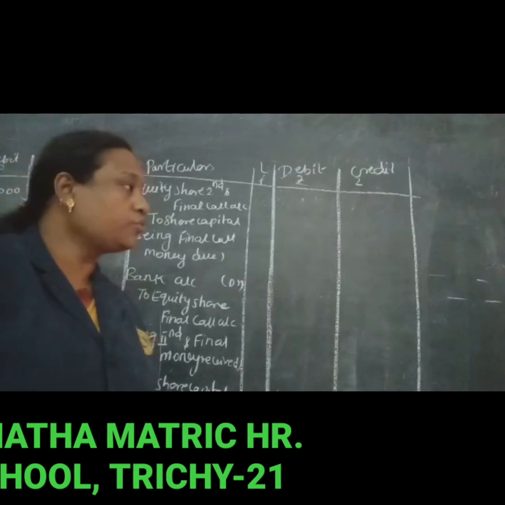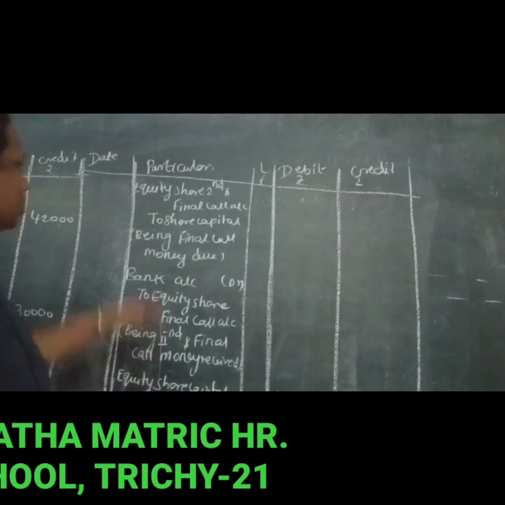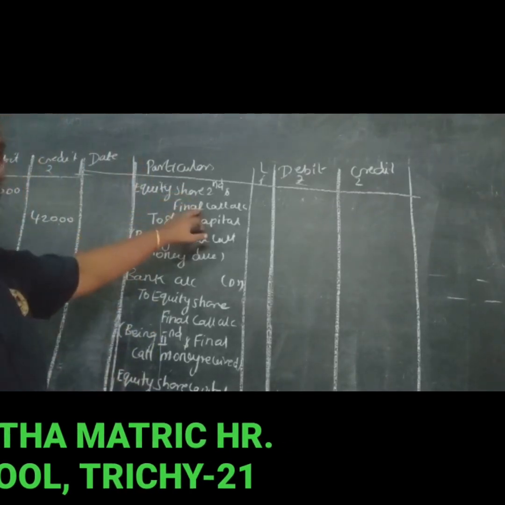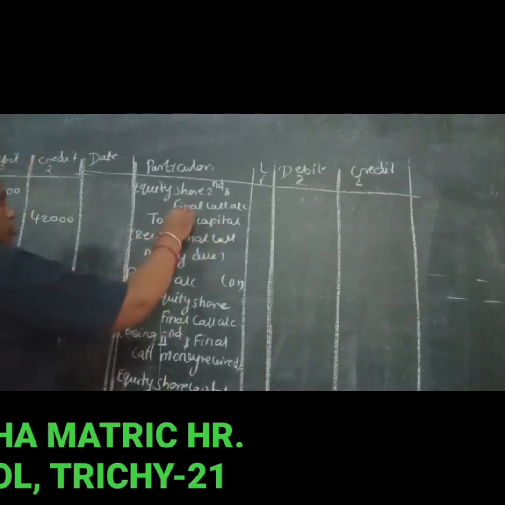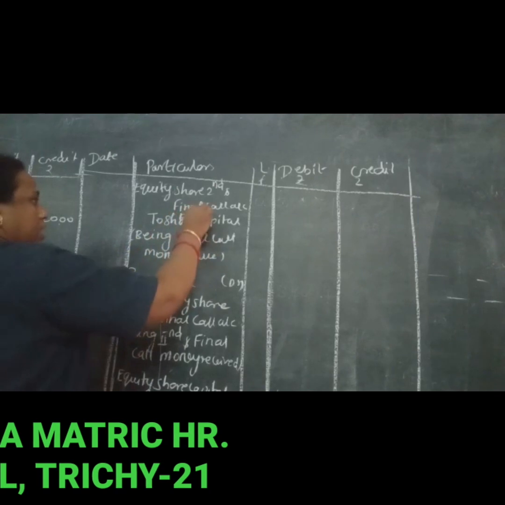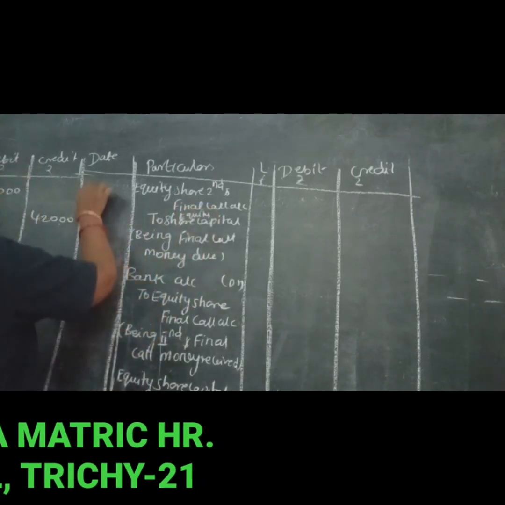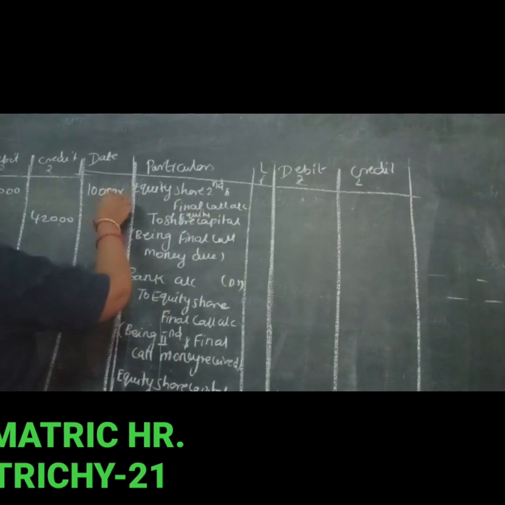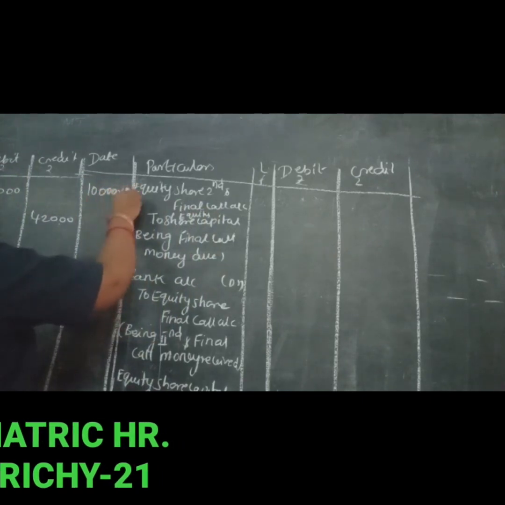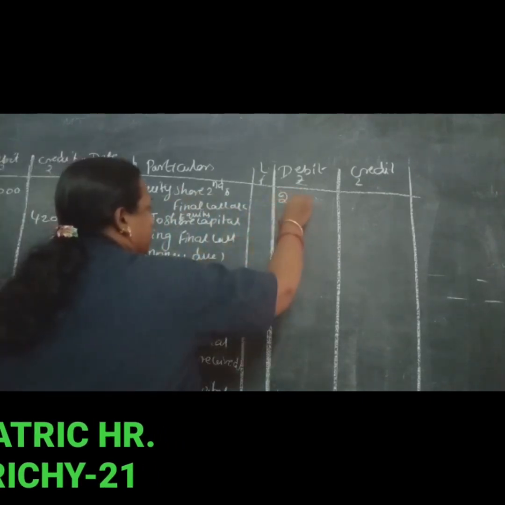Next, equity share second and final call account debit to equity share capital account. Total shares 10,000, second call value is 2 rupees, 10,000 into 2 rupees, 20,000.